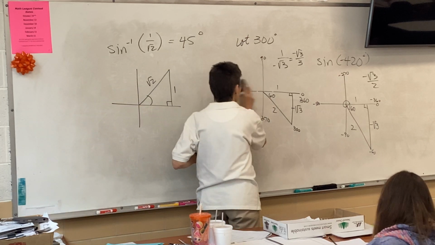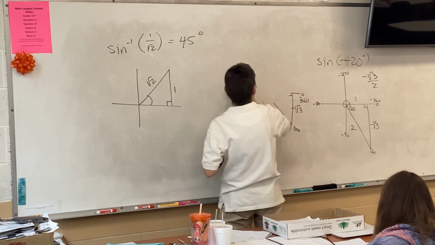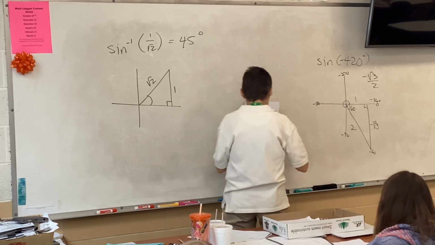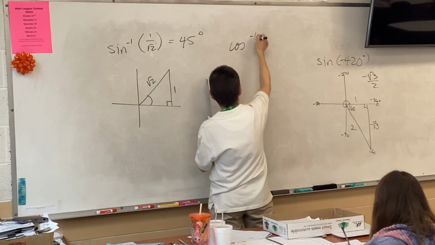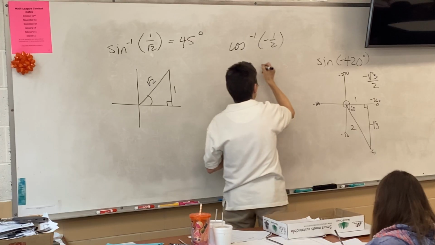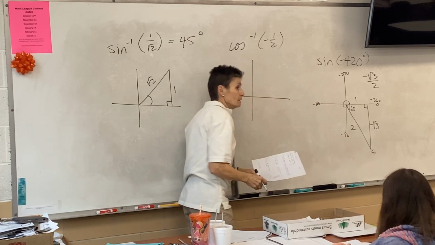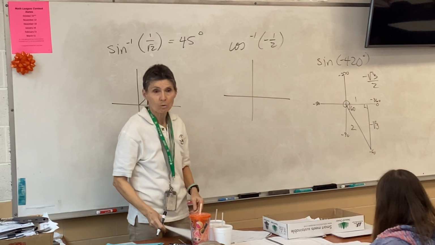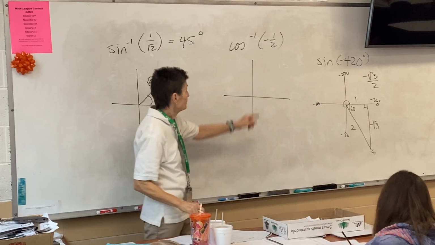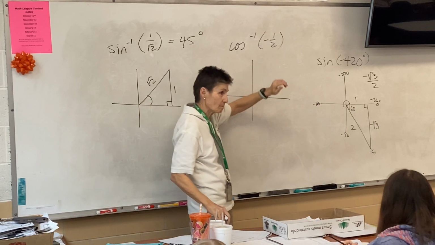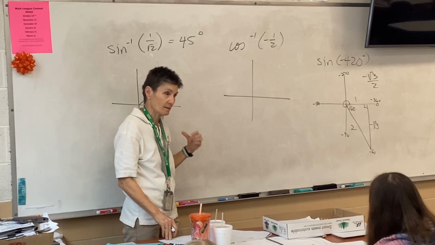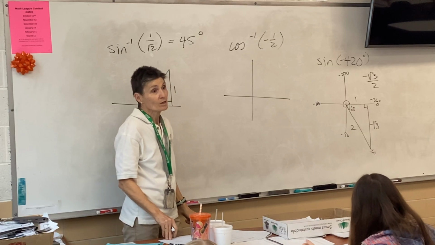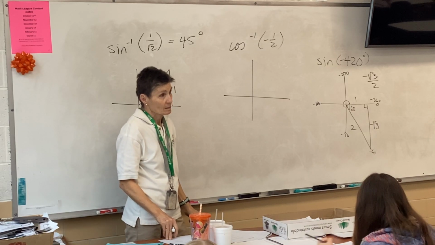This is going to be the same thing. You're going to be looking for an angle because it has that notation. Don't draw this in quadrant 1. That's a negative number. It doesn't belong in quadrant 1. Only positives belong there. So then you've got to remember your rules.